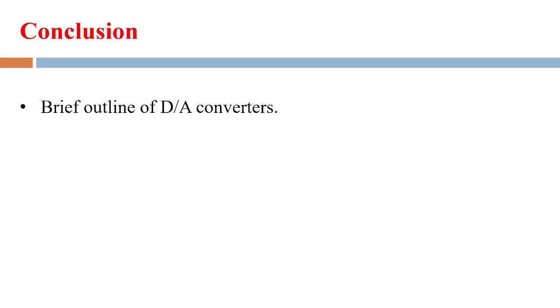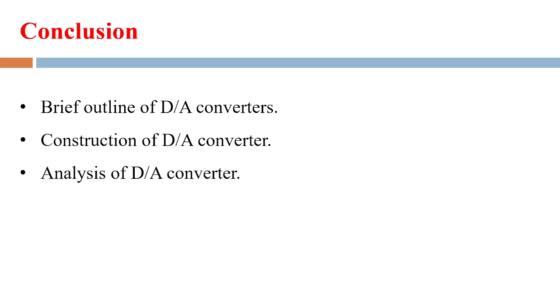So in this discussion, what we have seen is a brief outline about D2A converters, and we have seen the construction of a D2A converter based on R2R ladder network. We studied and analyzed a 4-bit D2A converter. Then we had a numerical example solved for a 5-bit D2A converter based on R2R ladder network.